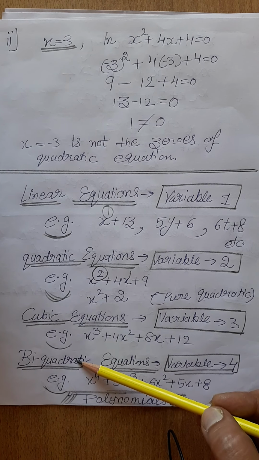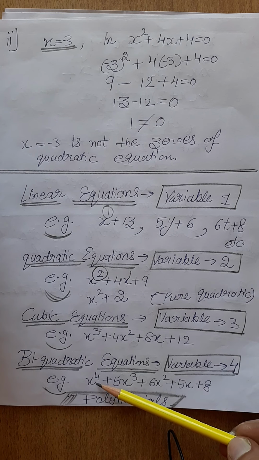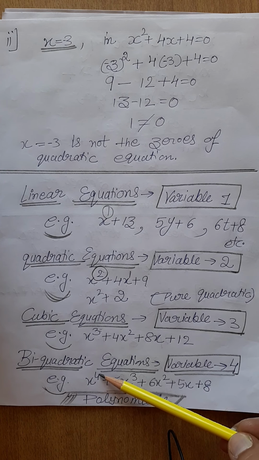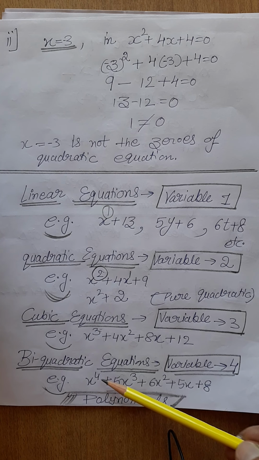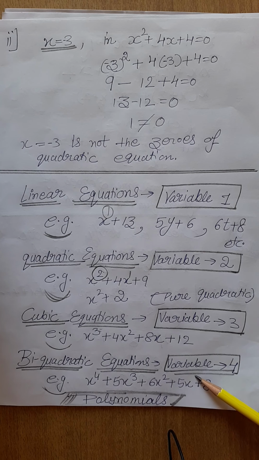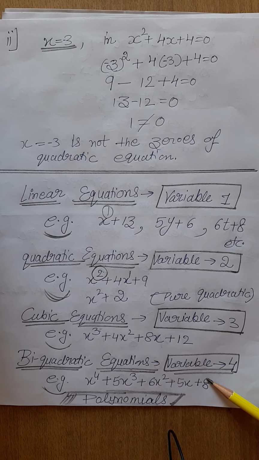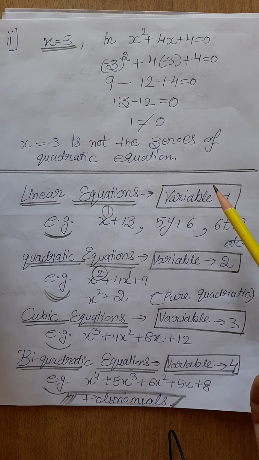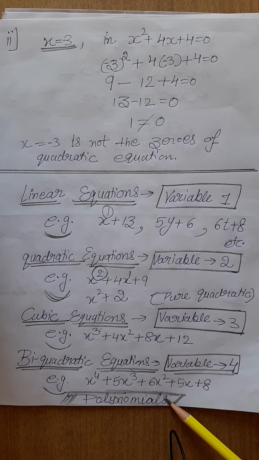What is biquadratic equation? In this equation, the maximum power is 4. X to the power 4, x to the power 3, x to the power 2, 1 and so on. And all these equations are come in the section of polynomials.